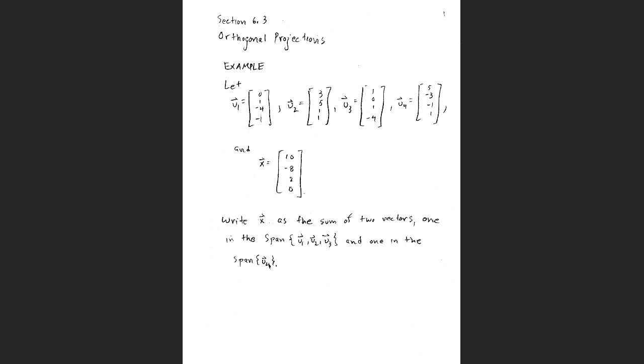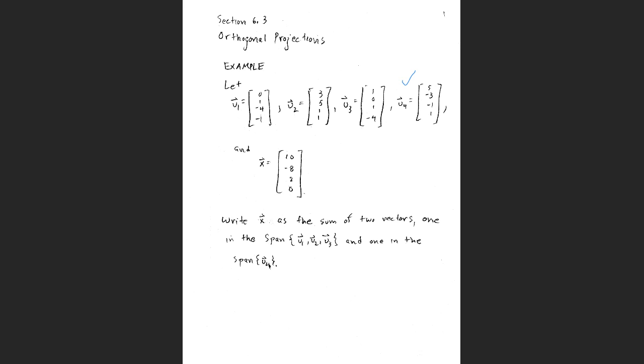Okay, so in this problem, again, we're dealing in R4. We have 4 orthogonal vectors that form an orthogonal basis for R4. So U1, U2, U3, and U4, you can confirm that those vectors form an orthogonal basis for R4.